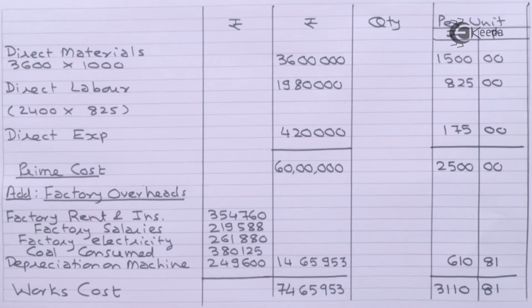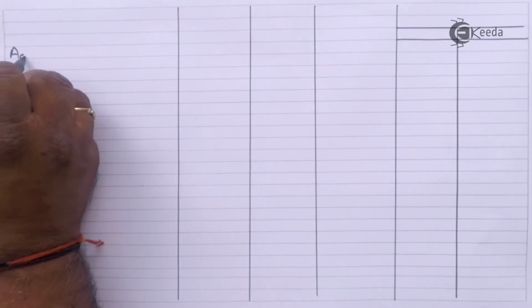Per unit factory overheads 610 rupees 81 paise. Per unit works cost 3,110 rupees 81 paise. To this we are going to add office and administration overheads.